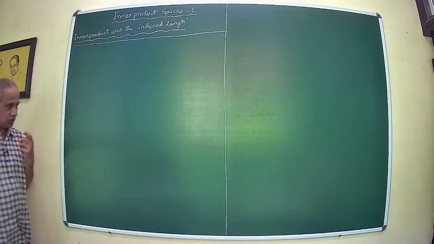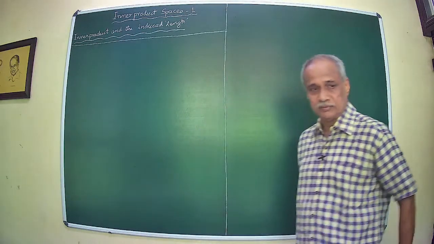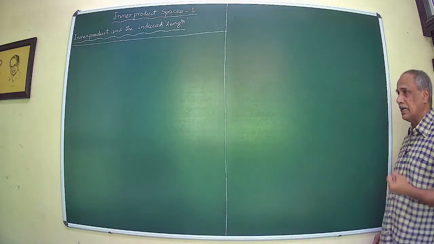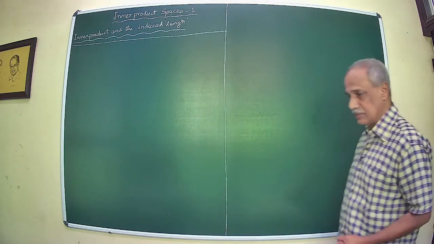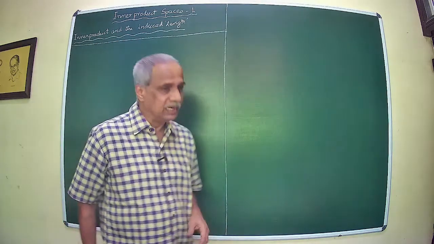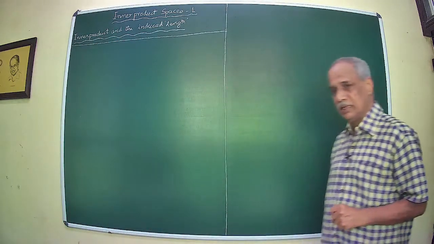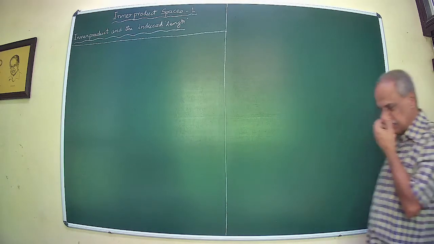We introduced the concept of a vector space over a field F, and we considered the finite dimensional cases, and we had the concept of addition and scalar multiplication, essentially associating certain functions with those vectors.